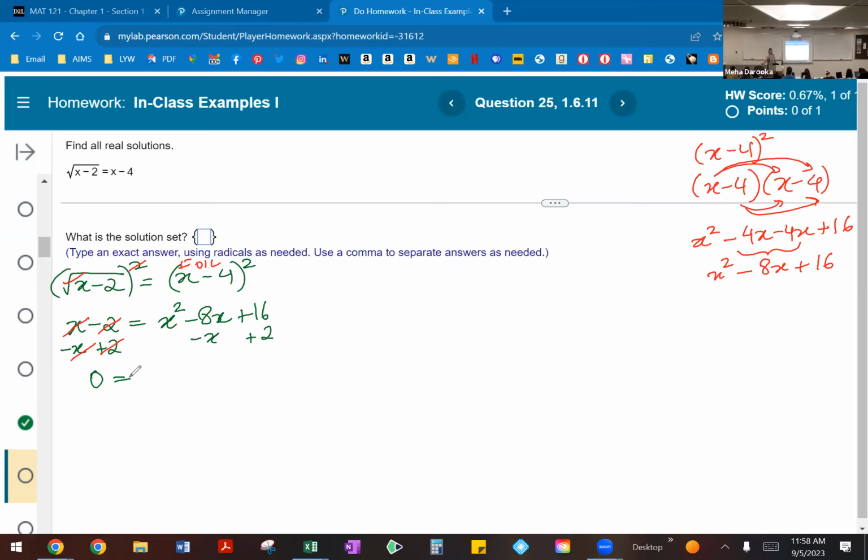Yeah, very nice. Your x squared will end up becoming negative, so then you have to either multiply the entire equation or divide the entire equation by negative. So either multiply or divide, because if you move everything else to the other side, it would end up becoming negative x squared, plus 9x minus 18.